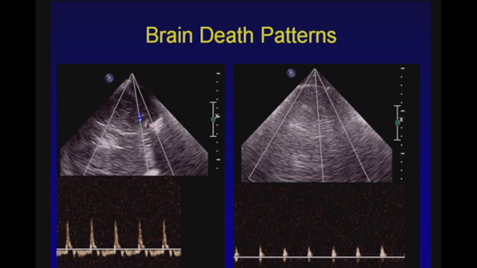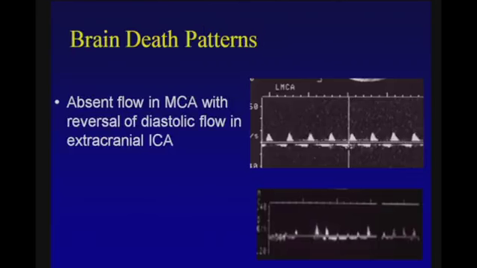Here are some additional examples: very high spiked, minimal flow in systole with reversal flow in diastole, with the velocities dropping over time. Here again, some additional examples with very low systolic velocities and reversal in diastole.